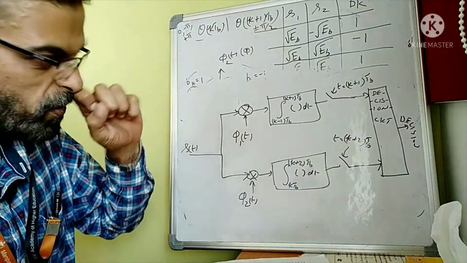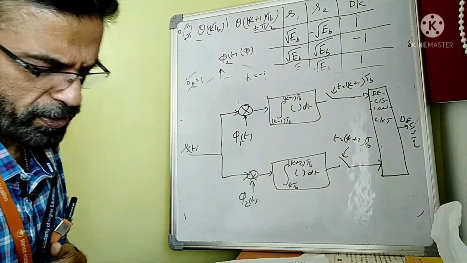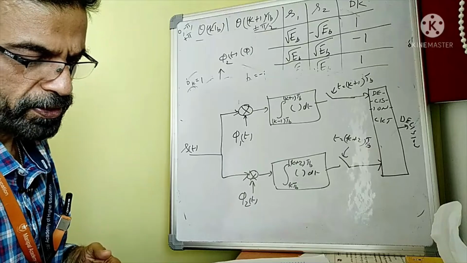So this is the schematic block diagram of the minimum shift keying receiver.